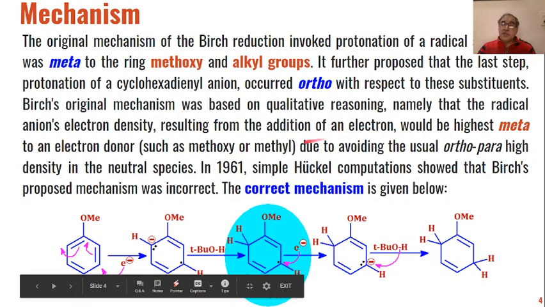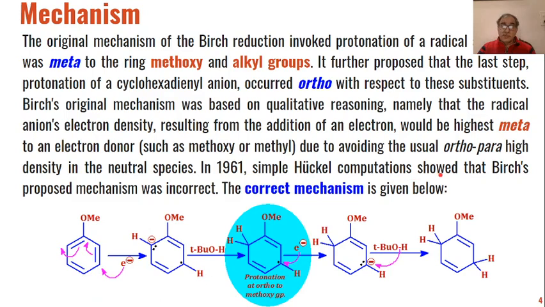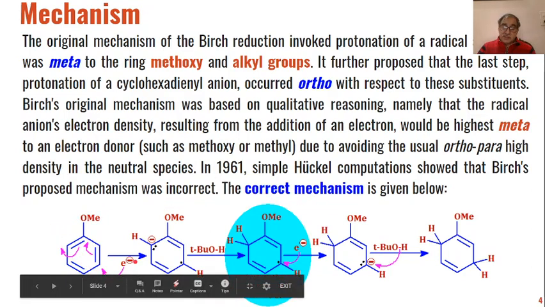But later on in 1961 the Hückel computations proved that the mechanism suggested by Birch was not correct, and the correct mechanism is that this electron will add at the ortho position and this type of radical anion will be formed where the negative charge is present ortho to the methoxy group. And because of the presence of this negative charge at the ortho position, the first protonation will take place at the ortho position.